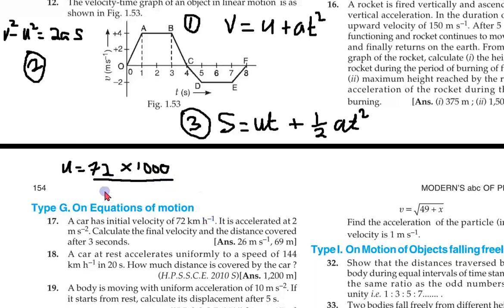Per hour means in 1 hour there are 60 minutes, and in every 60 minutes there are 60 seconds. Cancel, 72 by 36 is 2, 2 into 10 is 20 meter per second.